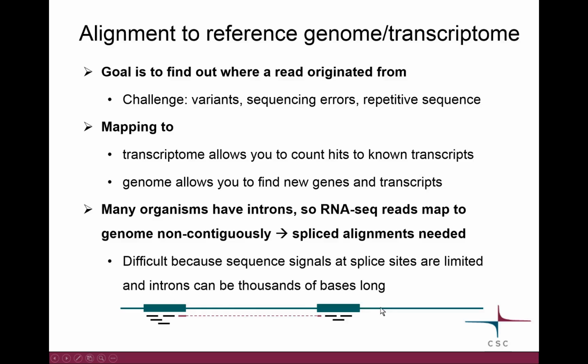So if we look down here, in my drawing, the green stuff here is a small part of a genome, of a gene. It has an exon here and another exon here, and then it has a long intron in between. Then it produced some RNA.